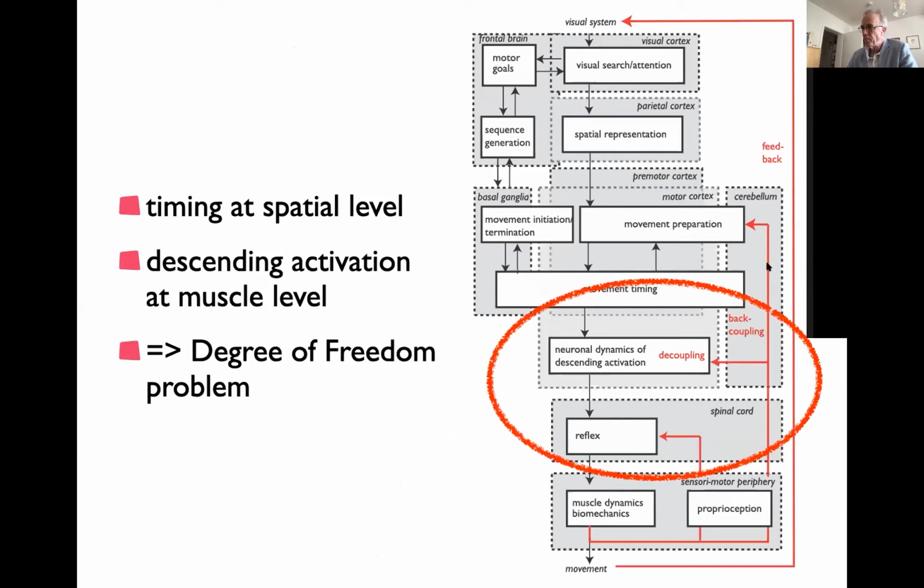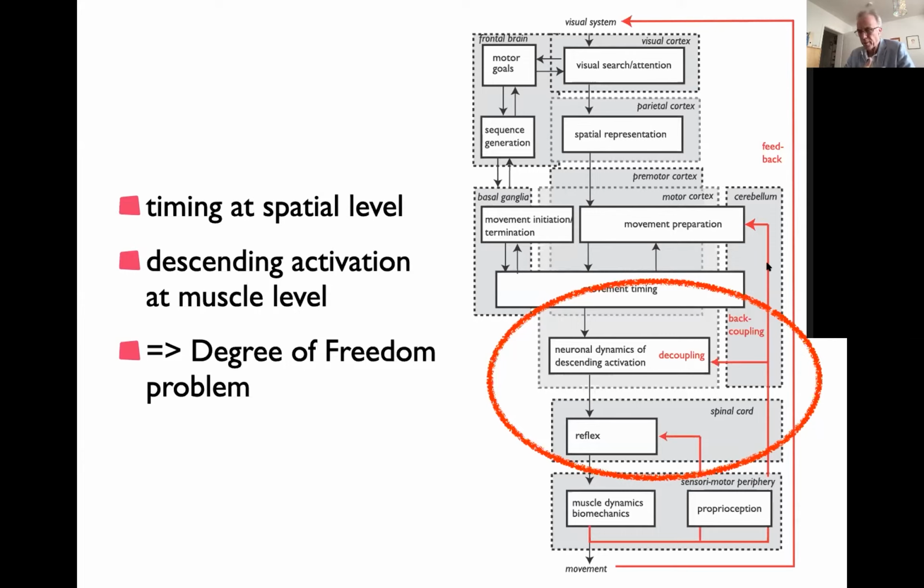Now, there is a famous problem, sort of a gap between this notion that's studied by cortical neurophysiologists and by kinesiologists and so on, and then the actual machinery of bringing about the movement. The machinery are the muscles and the reflexes that control the muscles. And the gap consists in the fact that you have approximately 760 muscles in your body.